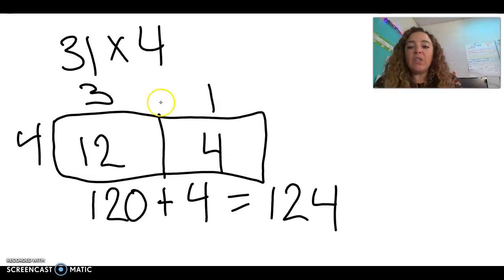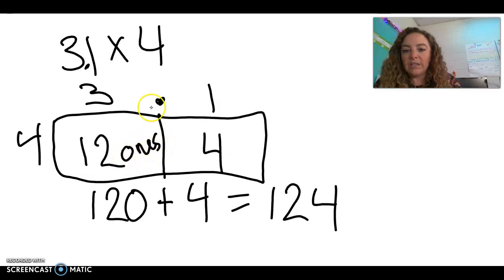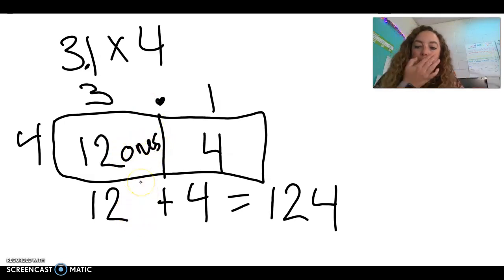Now, even if we change it and we say it's 3 whole and 1/10 times 4, we still end up in a similar situation. We just have 12 ones, which means that we no longer have this 0 here on the end.